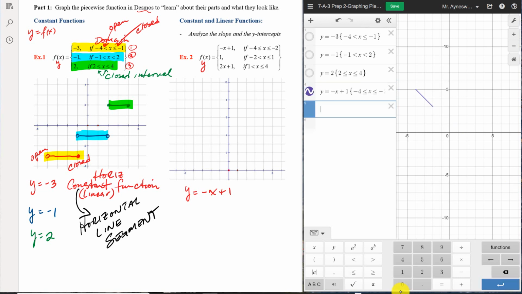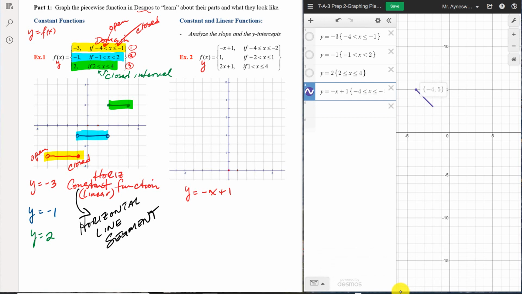Simple. Now notice it starts at (-4, 5) and then stops at (-2, 3). And if you trace along the function, it's defined on both endpoints, which means it's closed on both sides because they're less than or equal to. So keep that in mind.